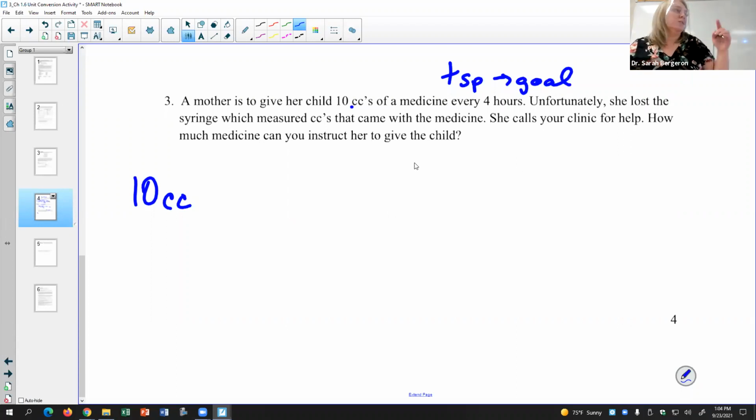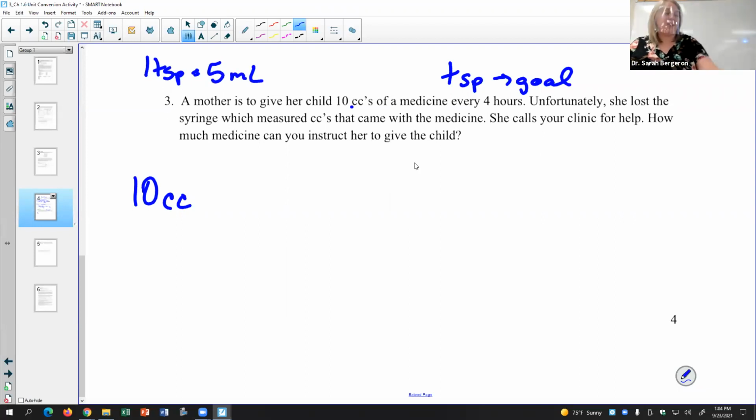Look on your table up above or on your best friend. Do you have a conversion straight from cc's to teaspoons? No, you don't. So we're going to have at least 2 conversion factors. What do you have that has teaspoons in it? Milliliters. What's your conversion? 1 teaspoon is equal to 5 milliliters.